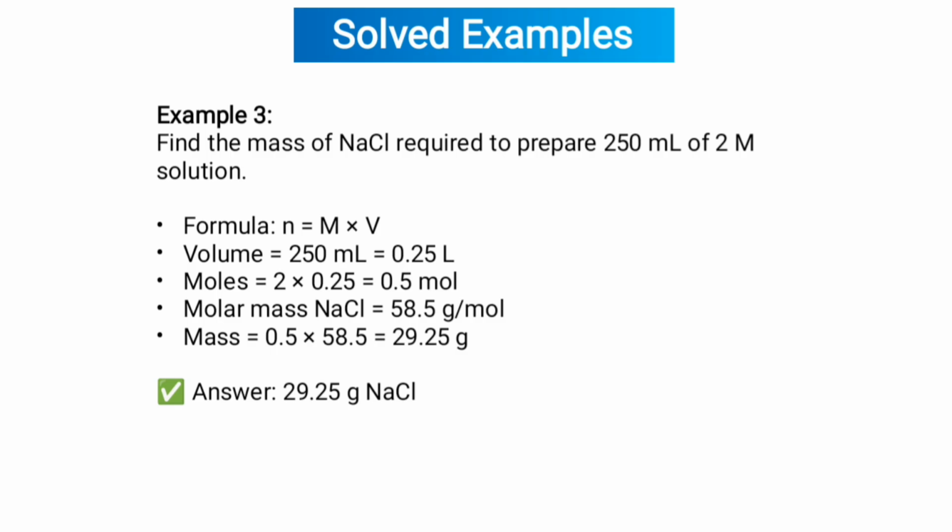Moles is equal to 2 multiplied by 0.25, which is equal to 0.5 moles. Molar mass of NaCl is equal to 58.5 gram per mole. Mass is equal to 0.5 multiplied by 58.5, which is equal to 29.25 gram. So the answer is 29.25 gram NaCl.